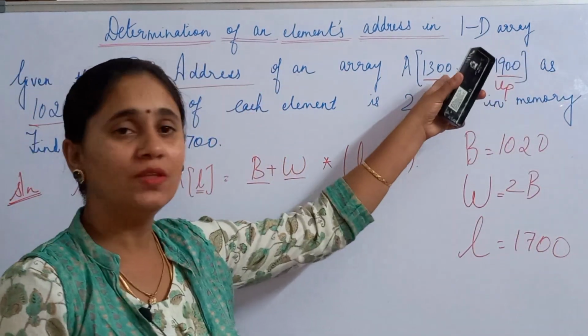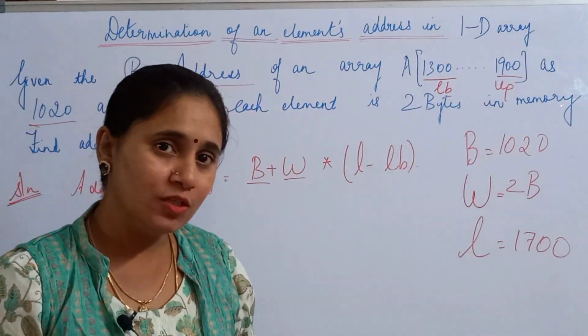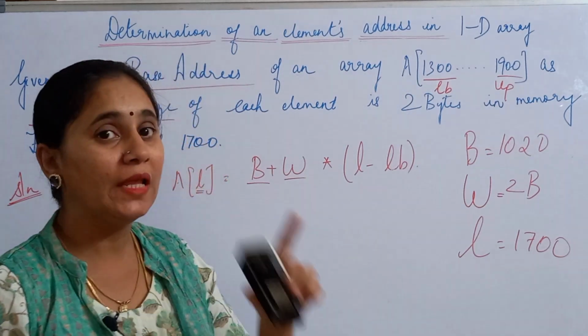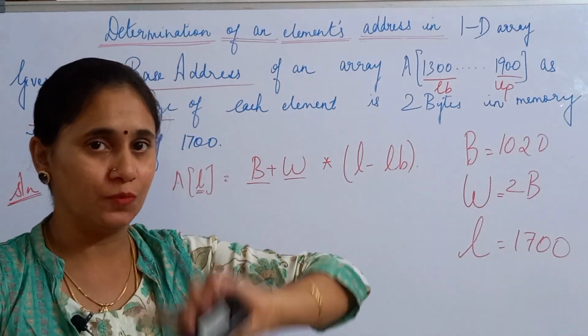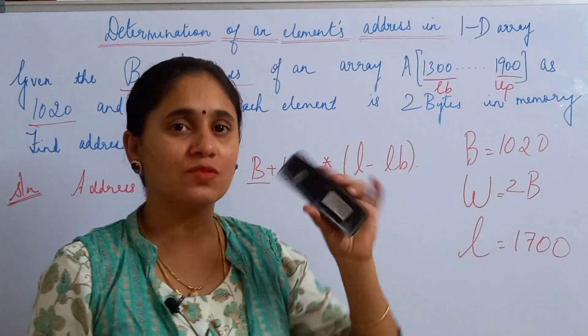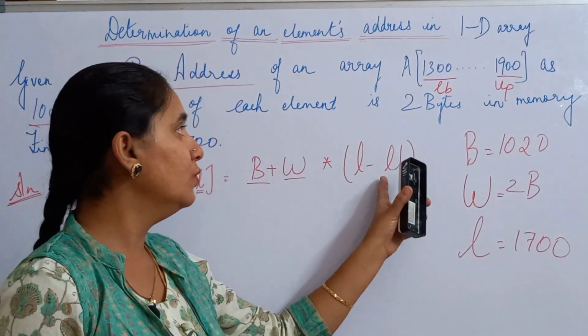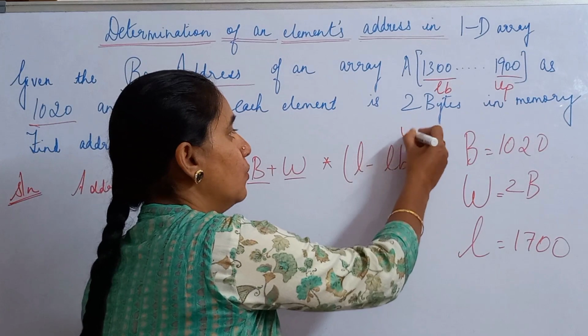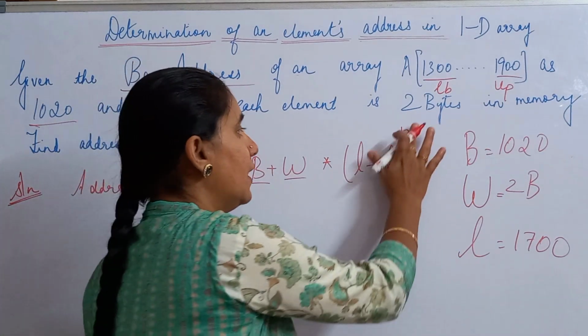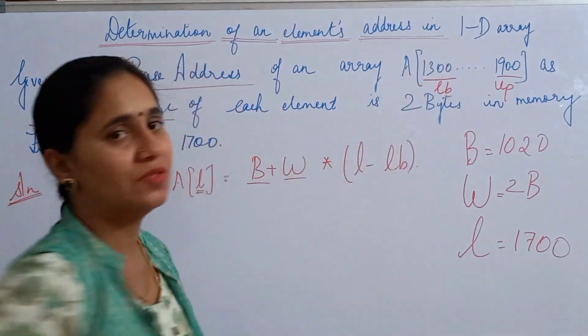If they didn't give this 1300, I said to take the default value 0, so you would take LB as 0. But here they have given it directly, so you can use that value.